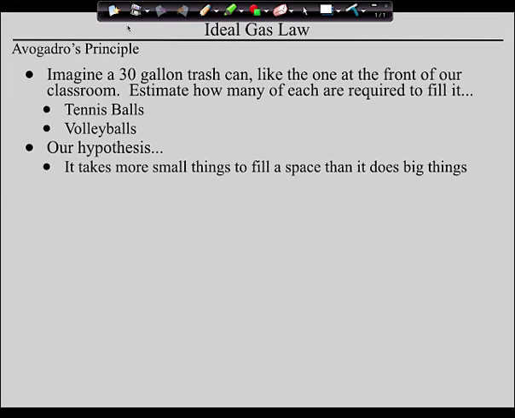So guys, would you agree with this hypothesis that it takes more small things to fill a volume than it does big things? Doesn't that make sense? So we said about 100 tennis balls, about 10 volleyballs, because the tennis balls are smaller than the volleyballs, therefore it takes more of them to fill the space. You get the idea? Okay.